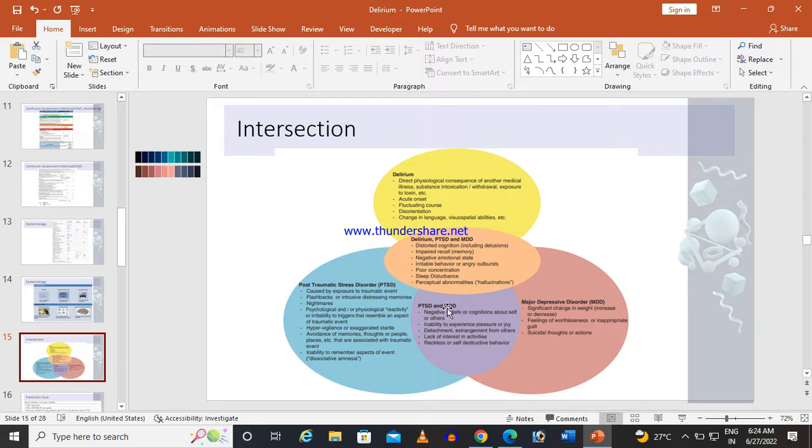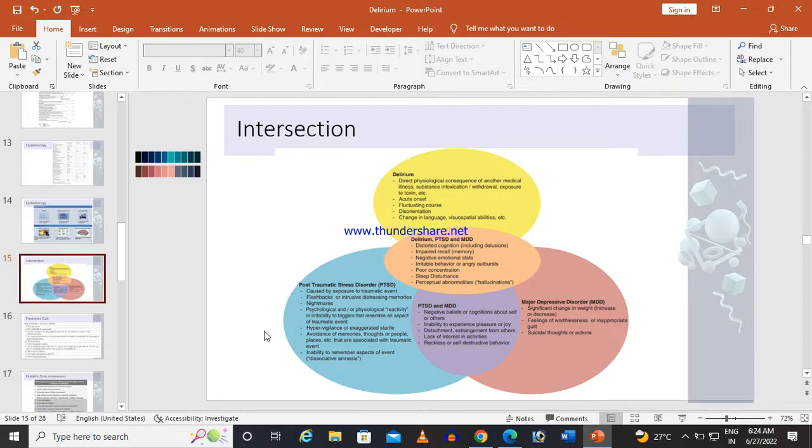You see, the yellow is delirium, and this portion is delirium, PTSD, and major depressive disorder. This is a comparative study, and the intersection is plotted, which is delirium versus mental disorder. You can elaborate.